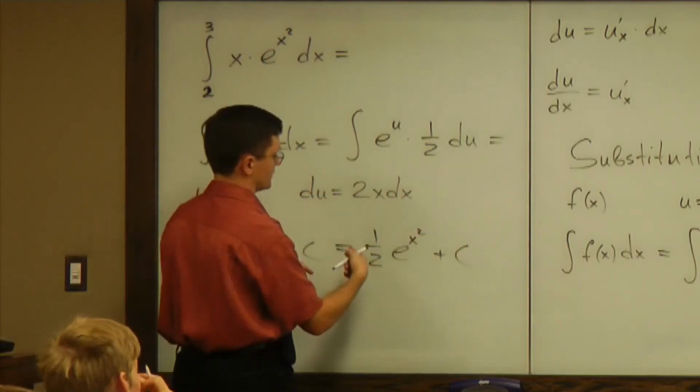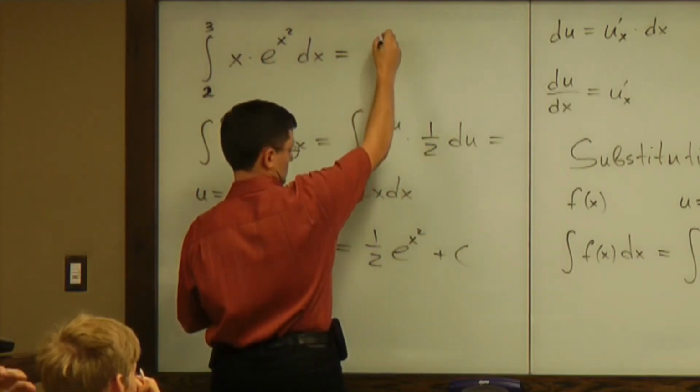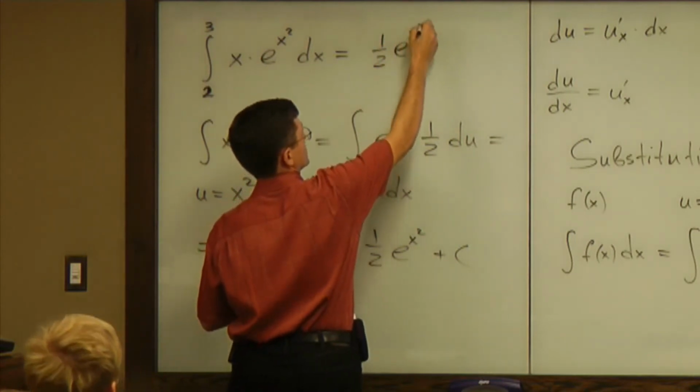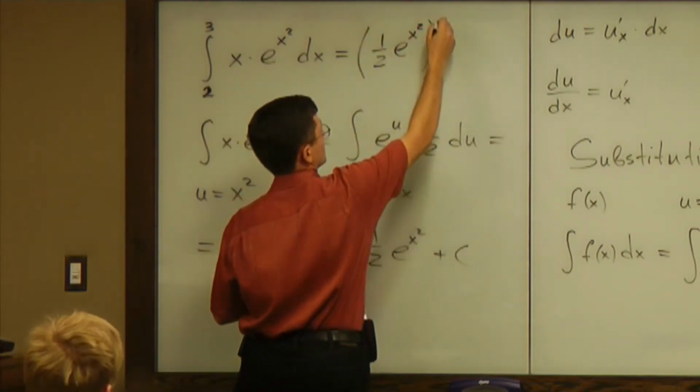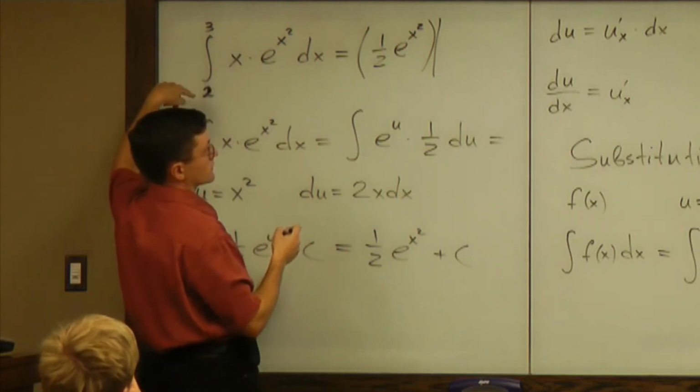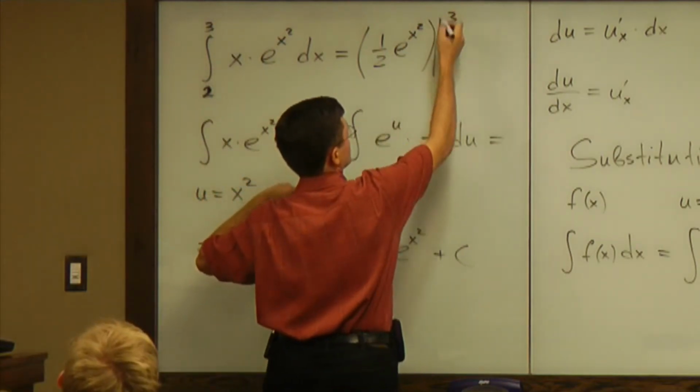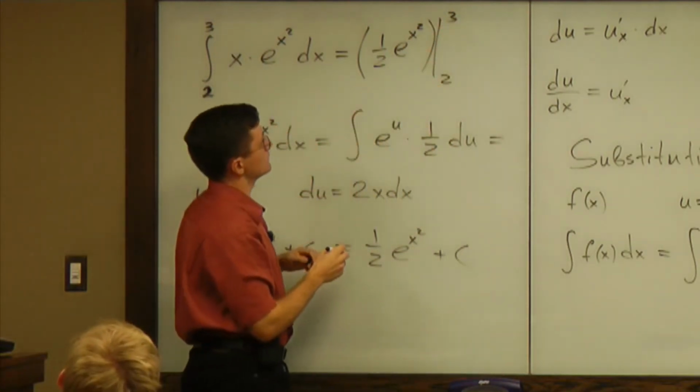And now you can use that antiderivative, 1/2 e to the x squared, to compute the definite integral. I have to substitute 2 and 3 and subtract.